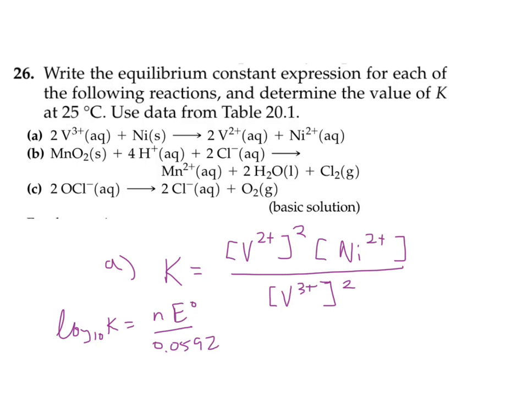And these aren't as easy as I thought they were when I was glancing at my desk, because to get your standard cell potential, you're going to have to do what you're doing for your other homework that's due on Monday, okay?